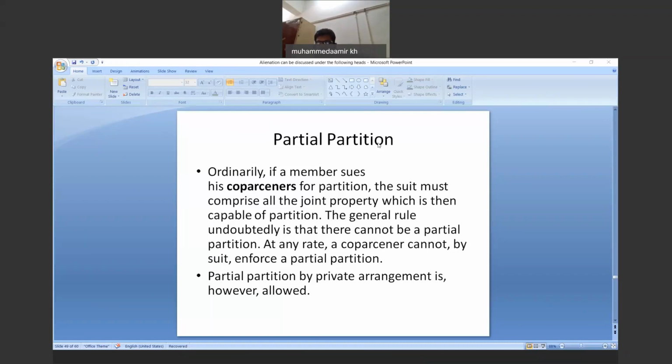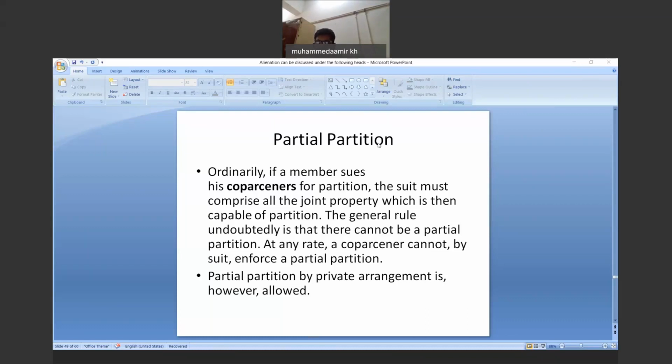Through this partition under Hindu law, the status of joint family is put to an end. So there is a division of property among the members, and the joint ownership of property comes to an end. For an effective partition, it is not necessary to divide the properties by metes and bounds, but under Mitakshara law, for effective partition, metes and bounds is necessary.